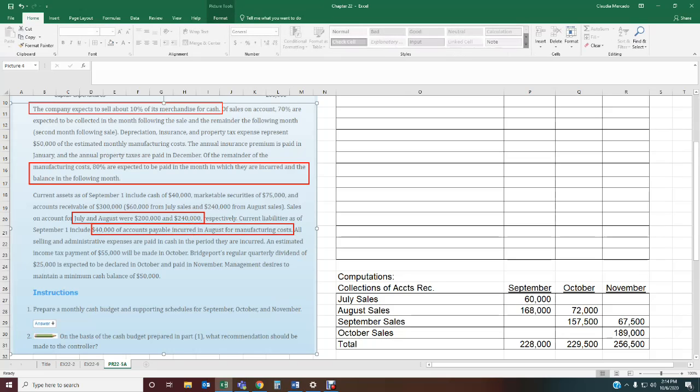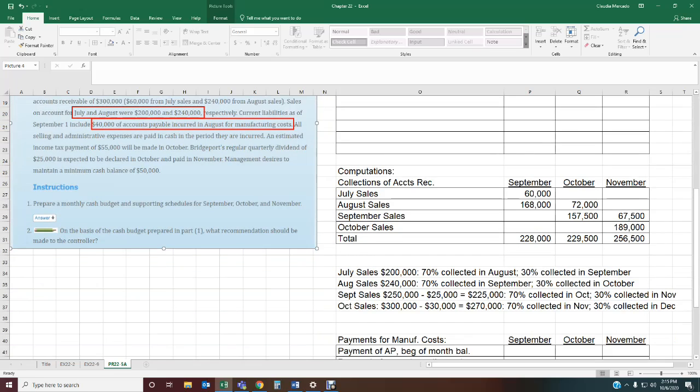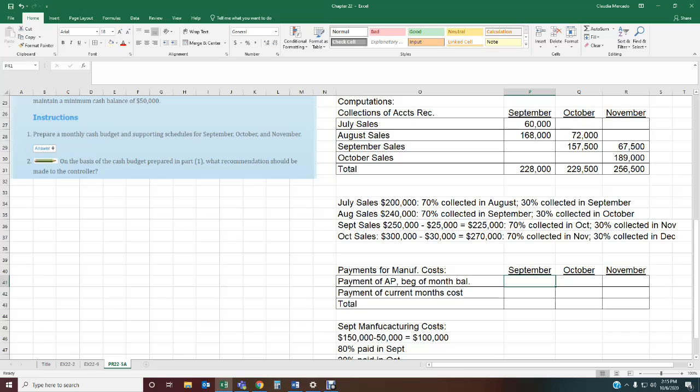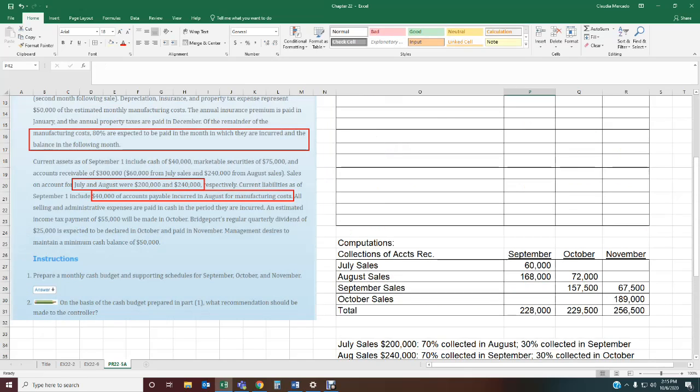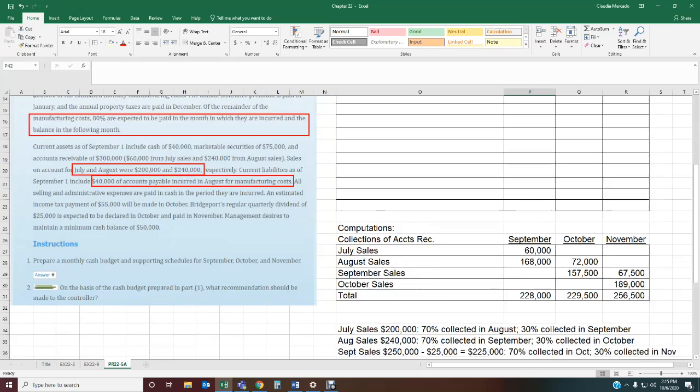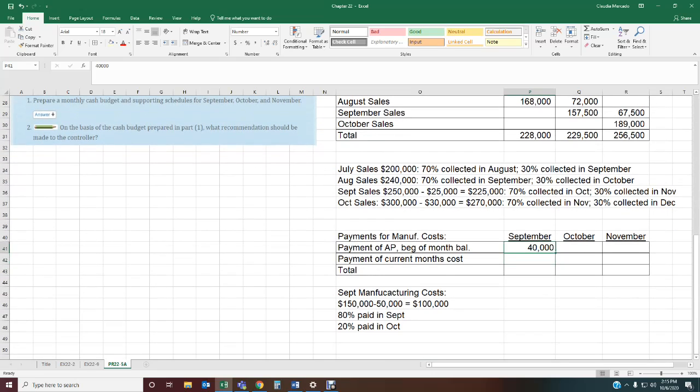So we owe $40,000 of accounts payable dealing with manufacturing costs, which needs to be paid in September. We're going to start off with that starting point. I know that I need to pay $40,000 from the prior month. It says those were incurred in August, so we're going to pay for those in September.